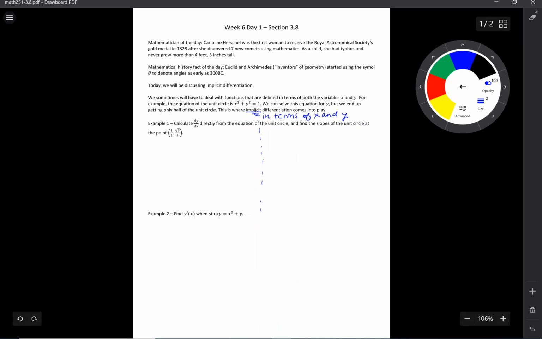Our first step is we take the derivative of everything on both sides of the equation.